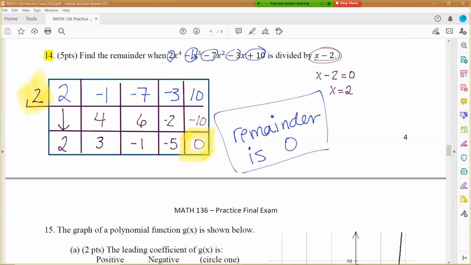This will be multiple choice on your test, and the remainder will probably not be 0, like it was here. So do your synthetic division, and whatever you get in that last box is going to be your remainder.